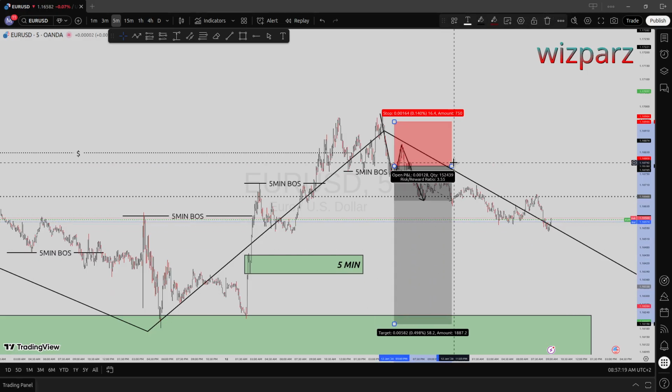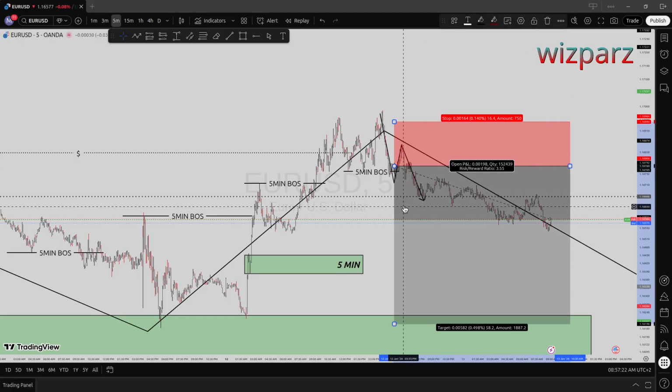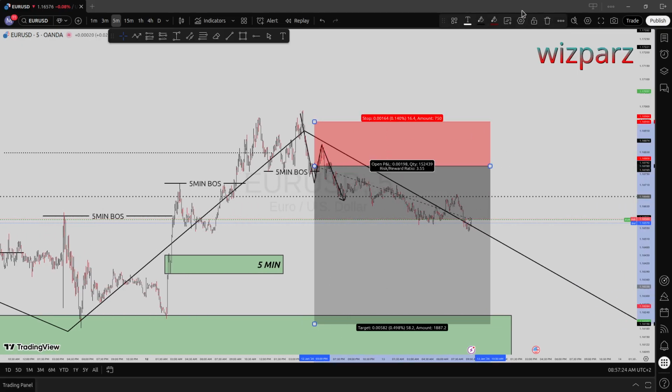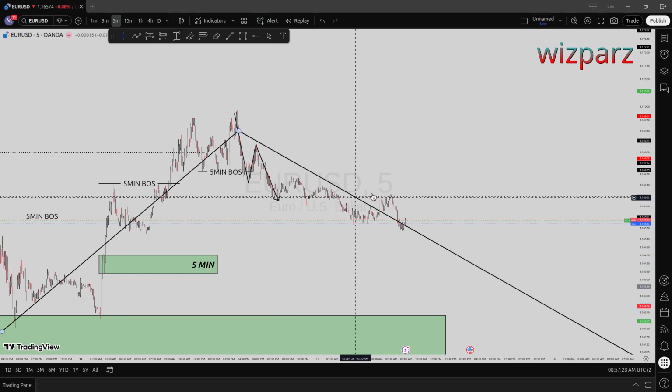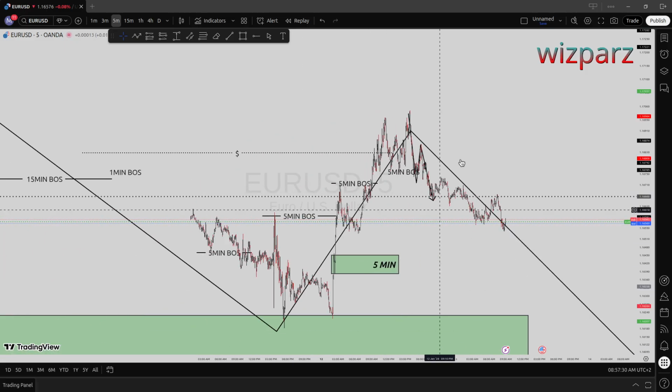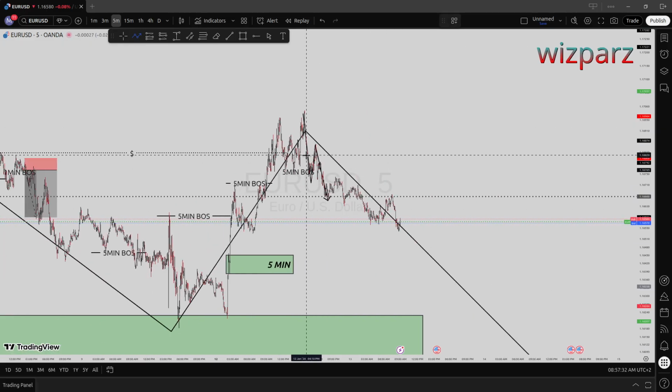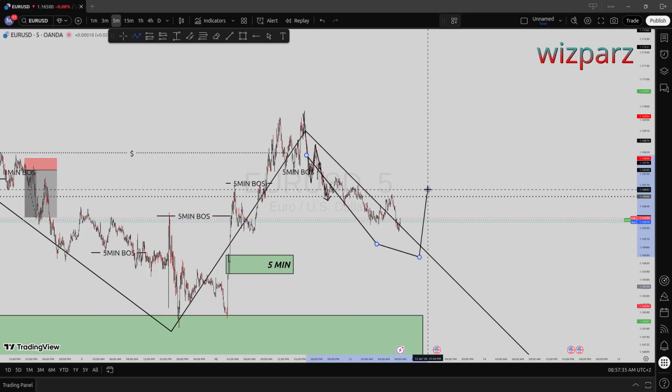Okay, this is the first setup we should have taken. And right now, I am still preferring EU to continue pushing lower. Okay, this is the analysis for EU.